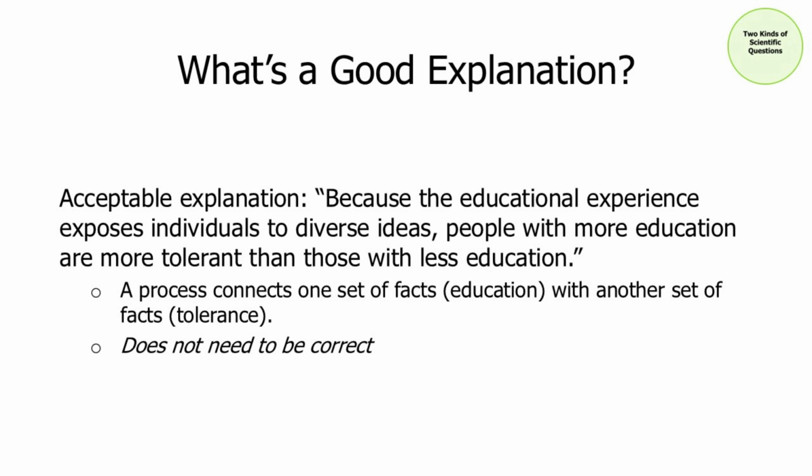Now, if I were to pursue this explanation, I would have to, again, open up the idea of educational experience and describe more fully why it is that the educational experience, according to my explanation, is more likely to produce tolerant political outlooks. Now, one more point on this. This explanation is acceptable. That doesn't mean it's correct. It doesn't have to be correct. It has to be testable to find out if it's correct. And that's the criterion of an acceptable explanation, testable.